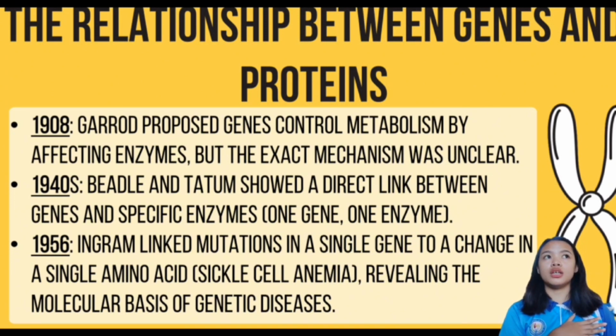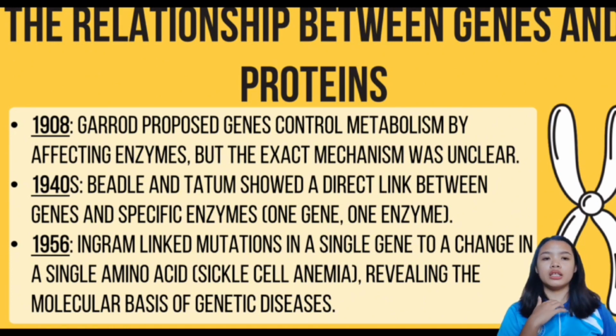Genes have the capability to create proteins. There are three researchers who performed studies about the relationship between genes and proteins. The first scientist is Garrod in 1908, who proposed that genes control metabolism by affecting enzymes. Enzymes are made out of protein.